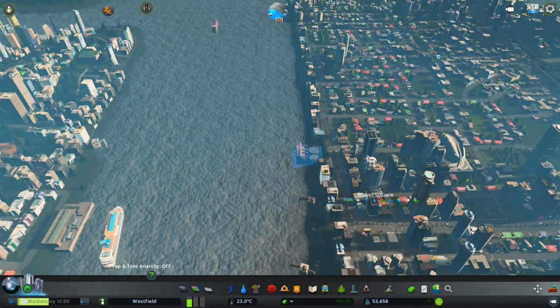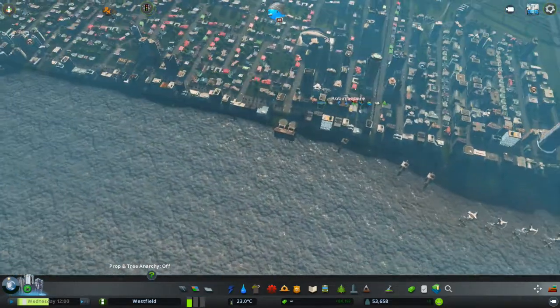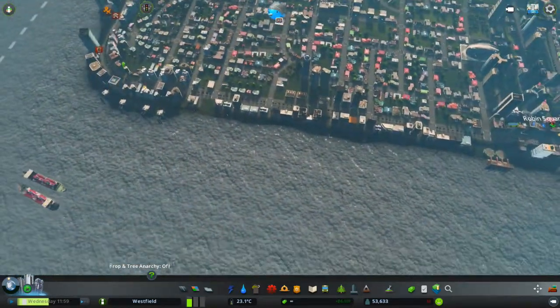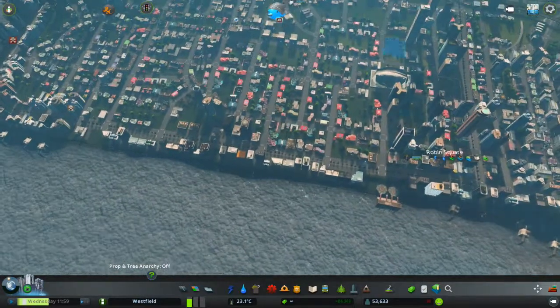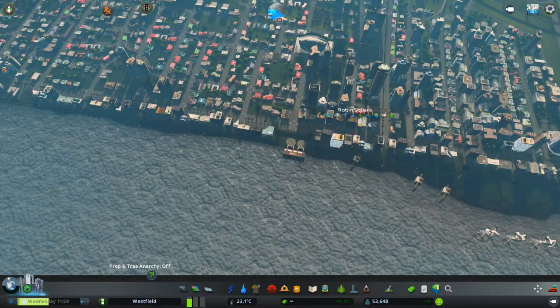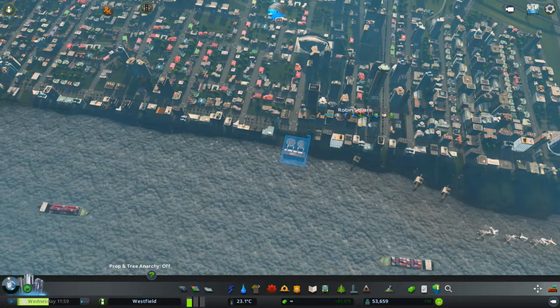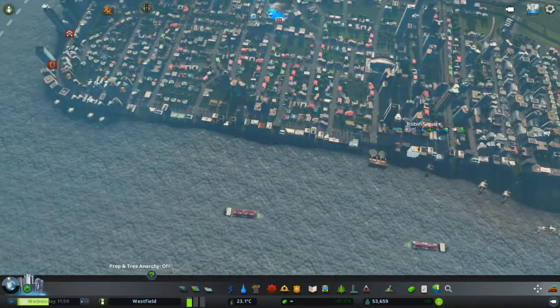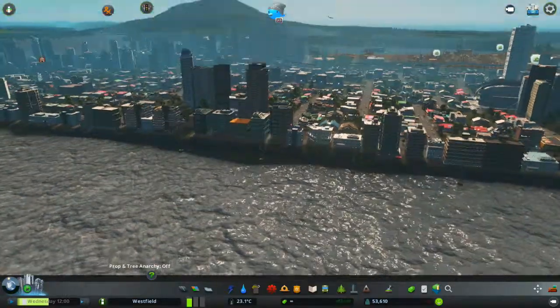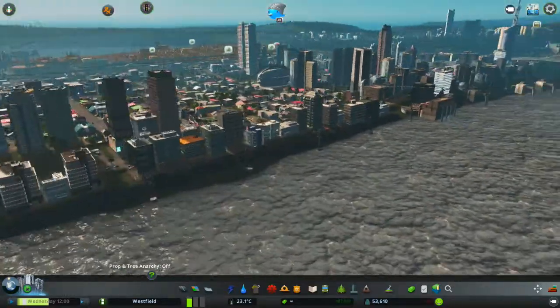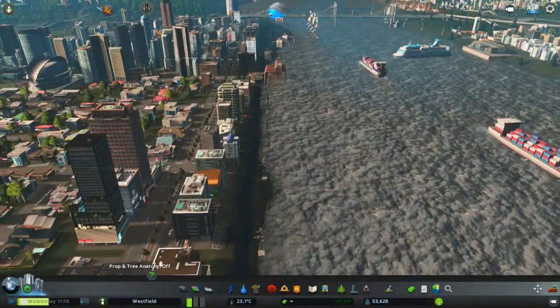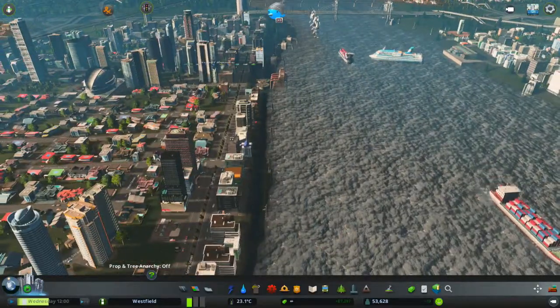Along this side we've got a bit of an issue about where to put our ferry crossings, because a lot of this is used for the water intake and sewage output. If we come down here, we can see that there are some power cables running along here.